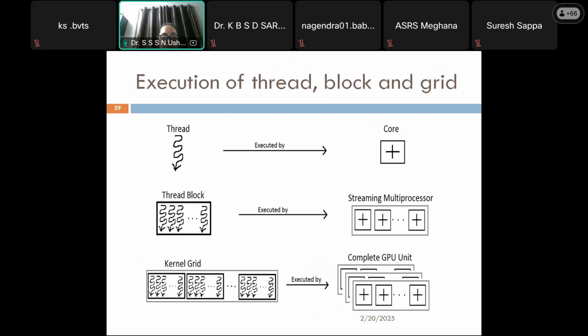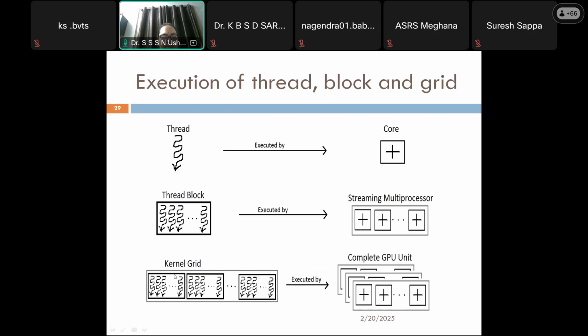It consists of a lot of threads. This is a grid. We have seen this architecture before. Within the grid, thread blocks are there, many thread blocks, and within a thread block we can see threads. Very simple.